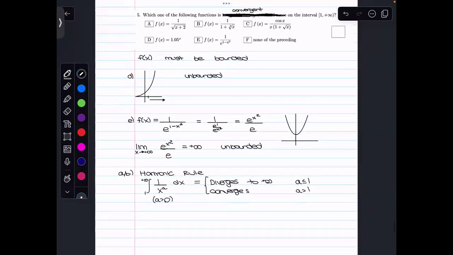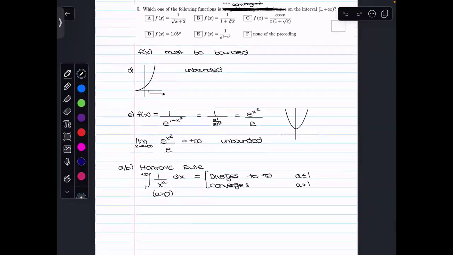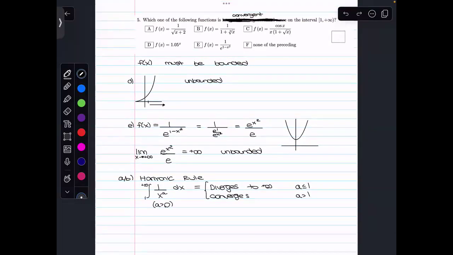And you can easily see here that if you were to consider the limit of this function, 1 over square root of x plus 2, the plus 2 wouldn't change the behavior, which means this is asymptotic to 1 over square root of x. So essentially the numbers are irrelevant.